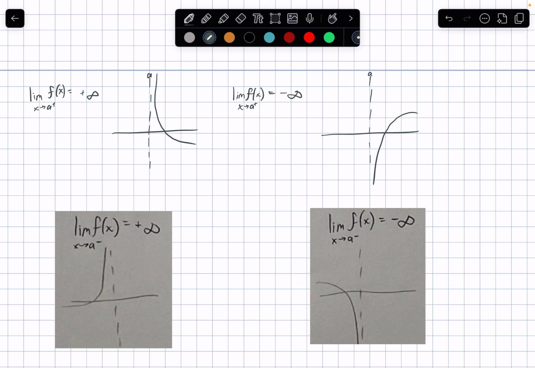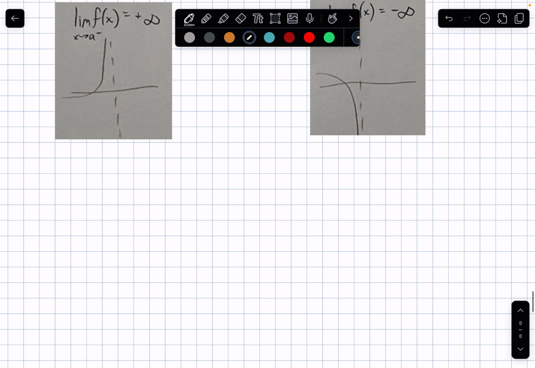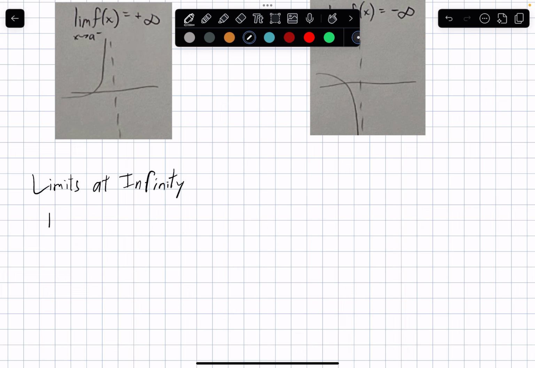Limits at infinity. The limit of f of x is equal to L as x approaches positive infinity. And we also have the limit of f of x is equal to L as x approaches negative infinity. This is where y is equal to L. So this is the horizontal asymptote of the graph.